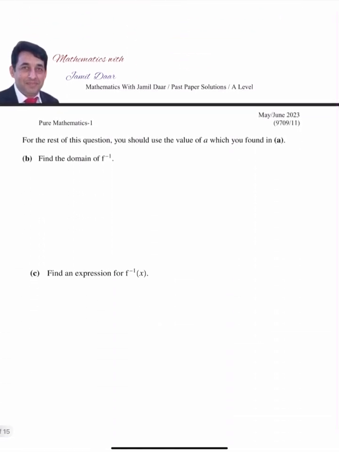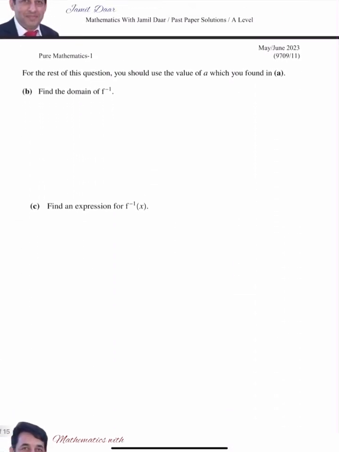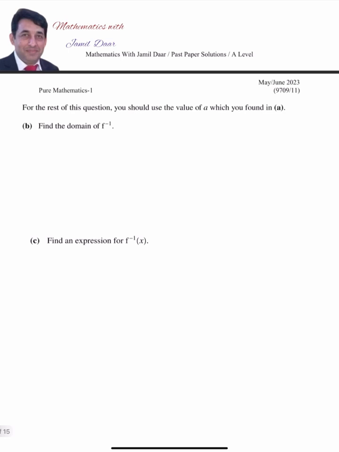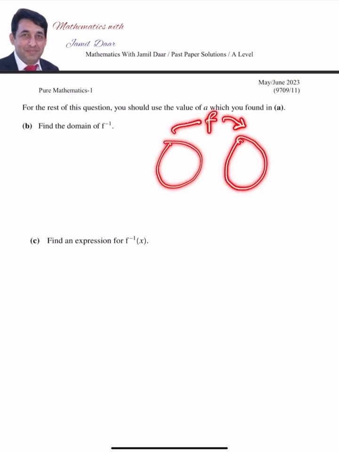Okay, if you go to the second part, for the rest of this question you should use the value of a which you found in part A. So find the domain of f inverse. You know that for the inverse function, if this is the f function, this is the domain and this is the range of the function.